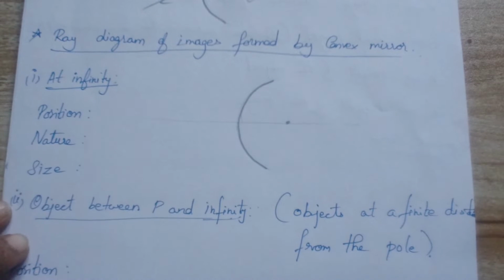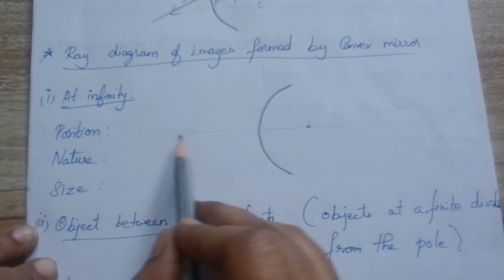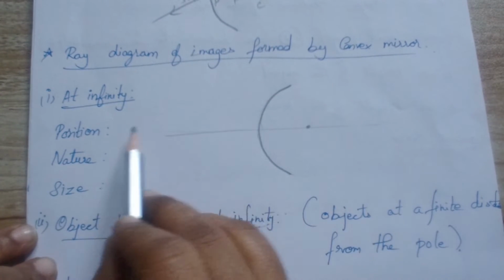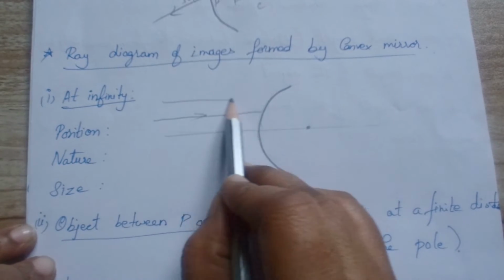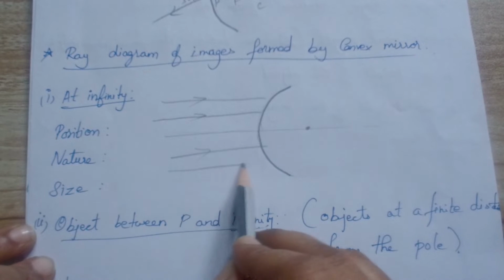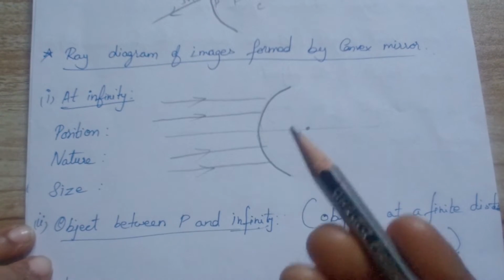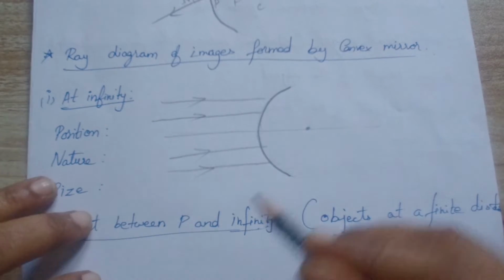When the object is at infinity, the rays are parallel to the principal axis. So what is the first rule? When the rays are parallel to the principal axis, it appears to diverge from the focus point.